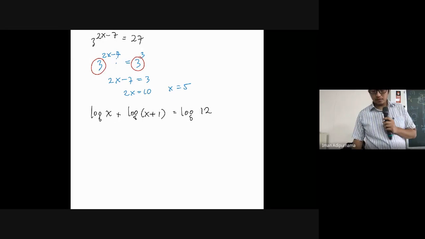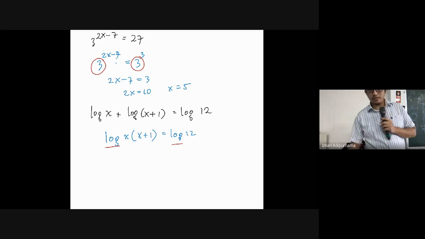Number two, remember you have additions, so you can multiply the log inside. So log, you can write x times (x plus 1), and then equal log 12. I will just expand the x, and because it's the same log with base of 10, I'm just focusing on the inside here.